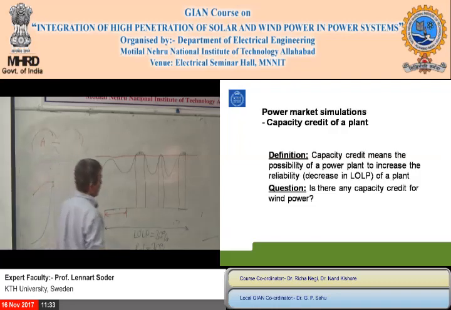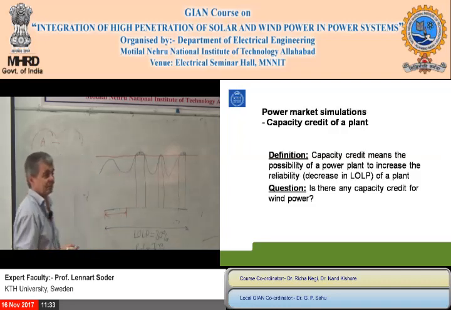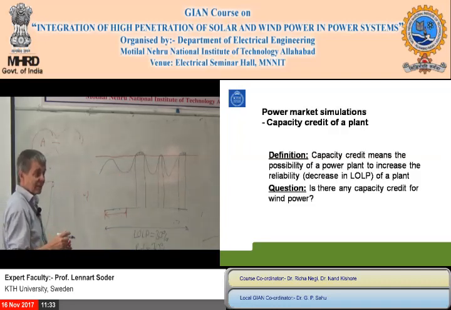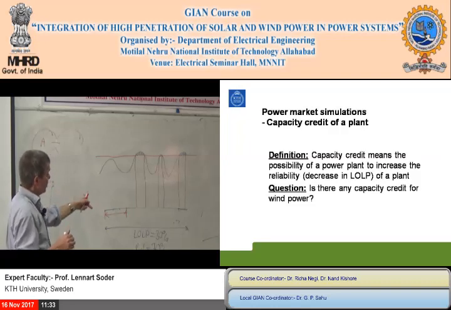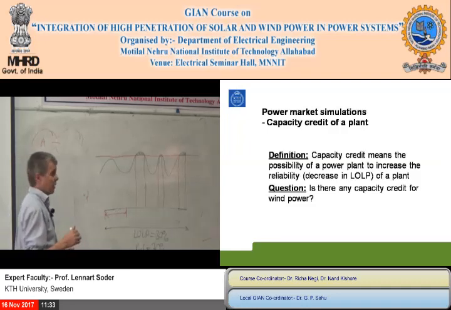Because what you see here, the question is, how much of the energy is curtailed? I don't know about India. It's said that you have curtailments here, and you curtail demand sometimes, and so on. The question is, how much do you really curtail? And I think that here we curtail during 30% of the time. But how much do we curtail of the load?